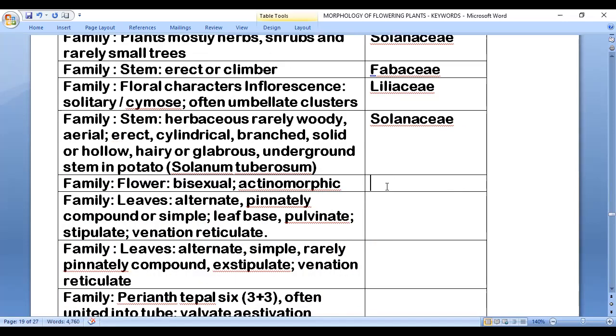Bisexual, actinomorphic, Liliaceae. Alternate, pinnately compound or simple leaf, leaf base pulvinate, stipulate, venation reticulate, Fabaceae. Leaves alternate, simple, rarely pinnately compound, exstipulate, venation reticulate, Solanaceae.